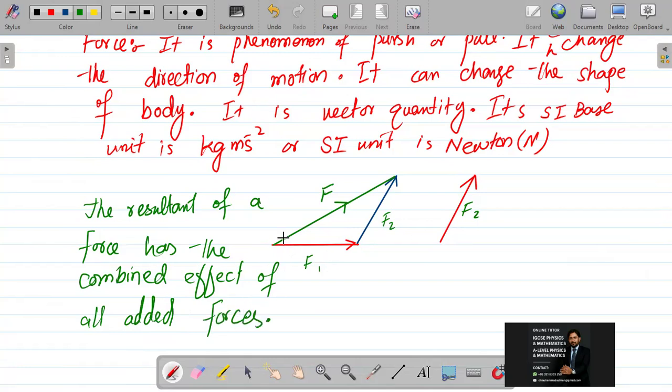And this is basically the head to tail rule, in which the head of the last vector is joined with the tail of the first vector to get the resultant vector.